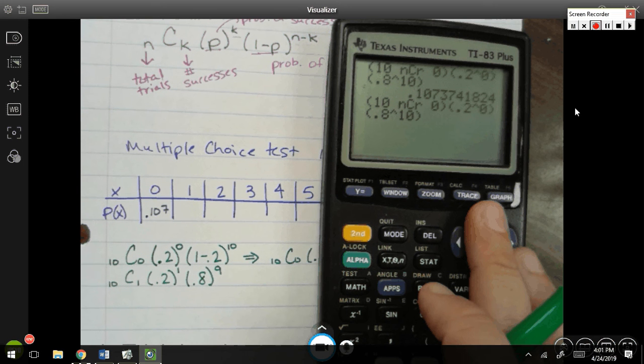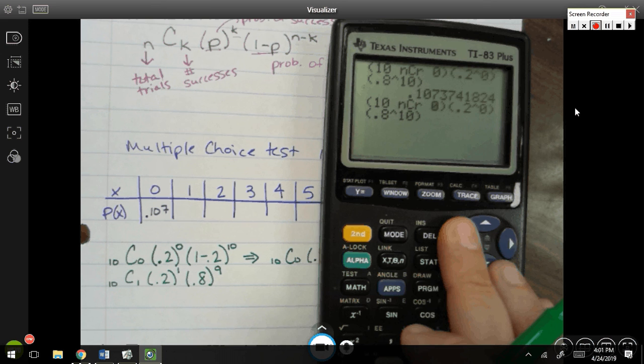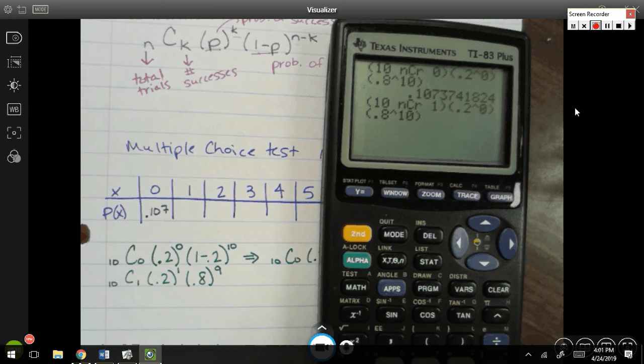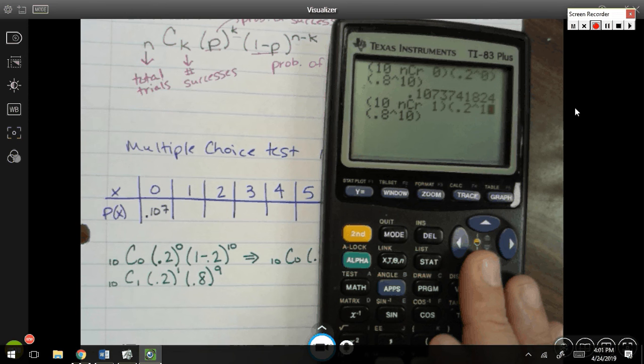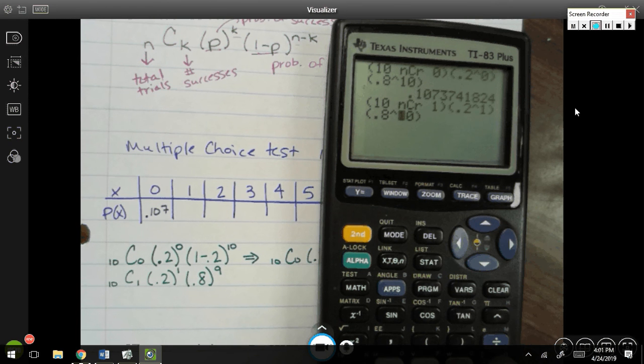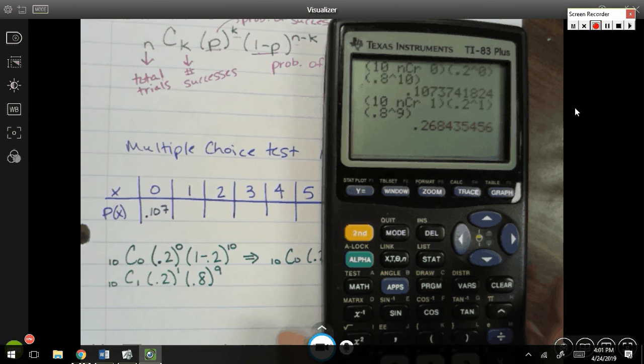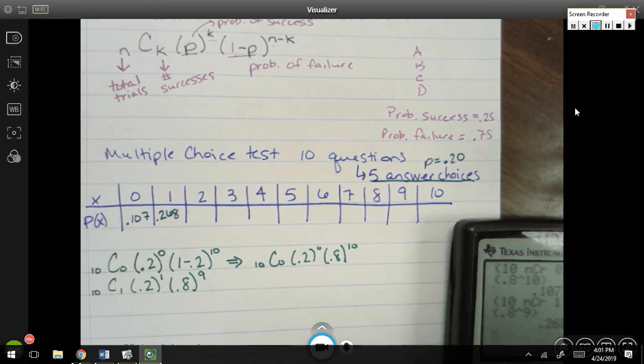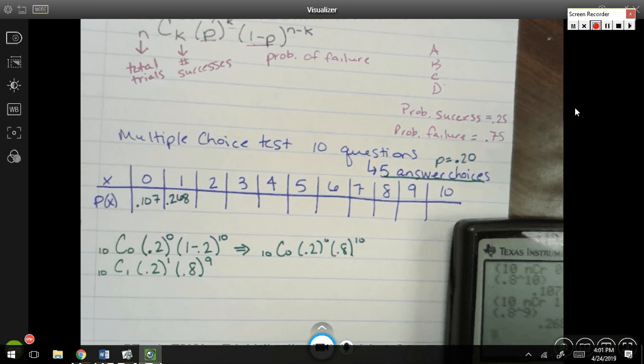I'm going to change this to 10 choose 1, change this to 1, and change the last one to 9. 0.268. Better chance. That's getting a little better. So you've got close to a 27% chance of randomly guessing one of them right.